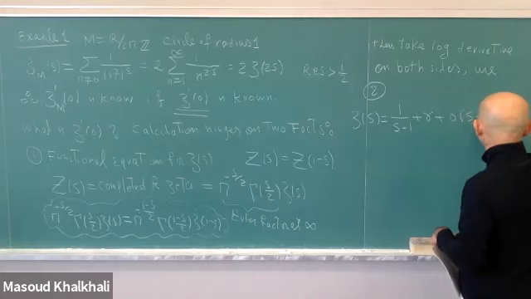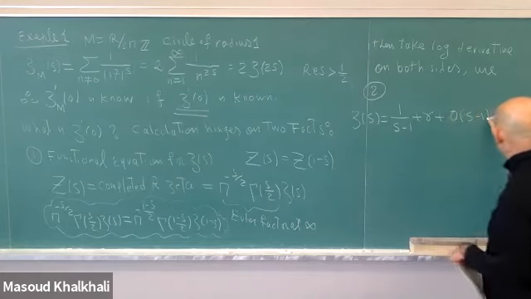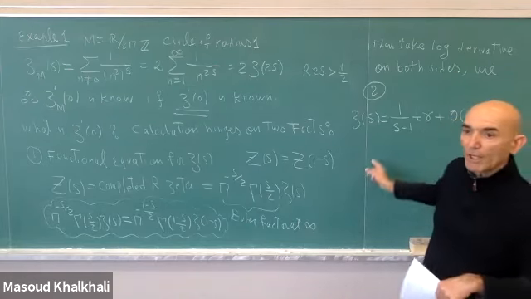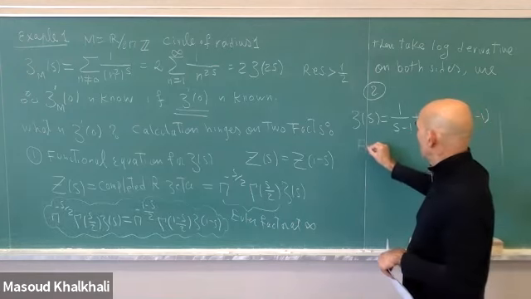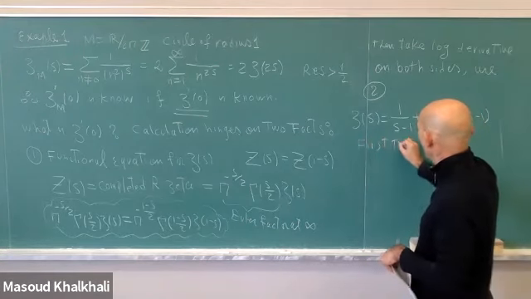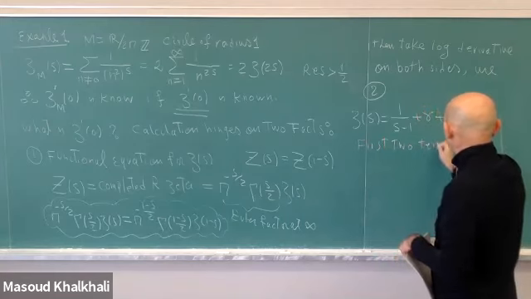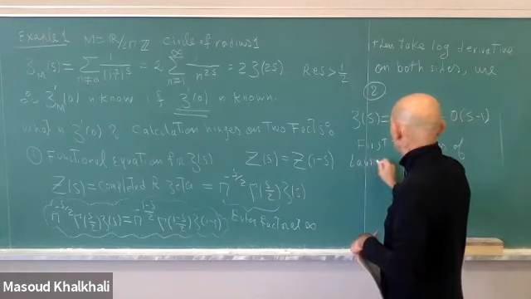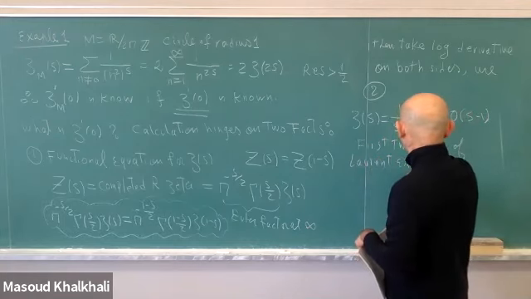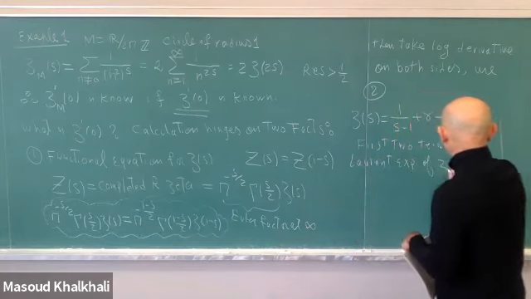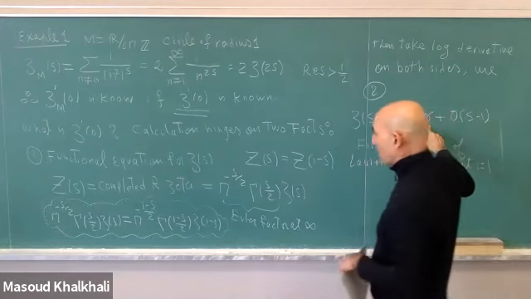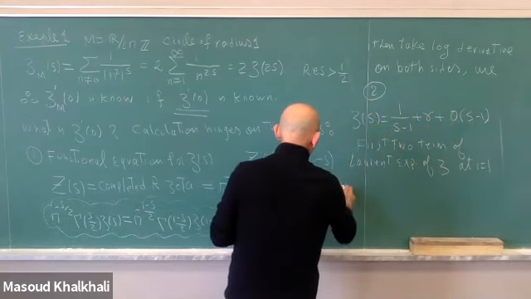This is capital O. So it basically gives you the first two terms of the Laurent expansion. Now what is gamma? Gamma is this Euler constant.